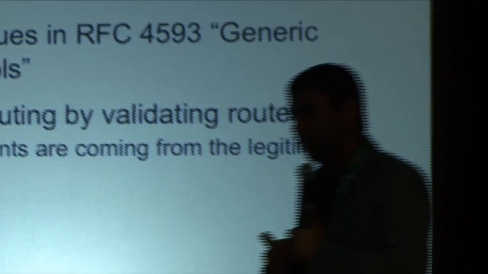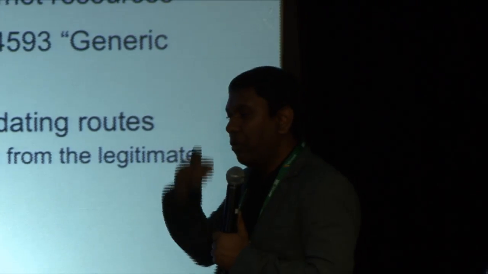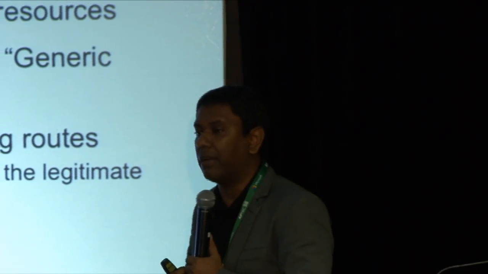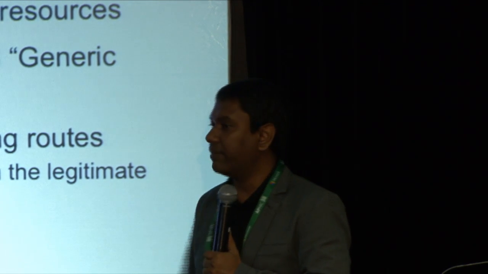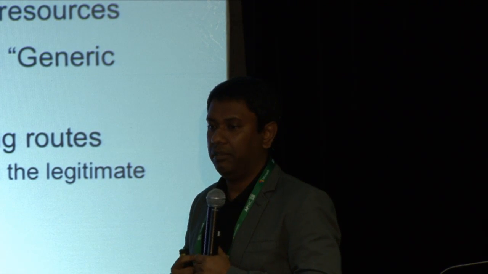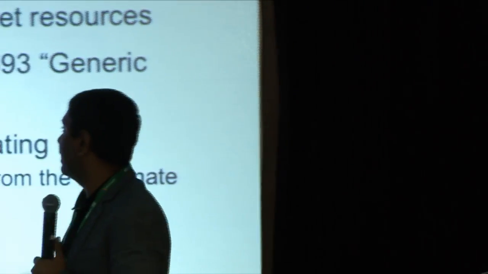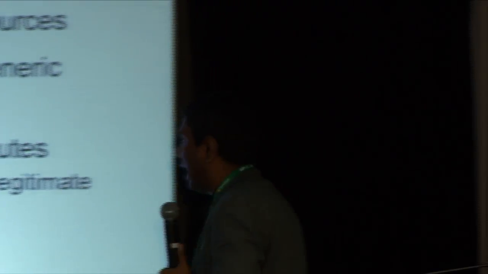So, when the industry developed the RPKI process, what are the concerns they have? What are the threats? What are the risks that we have in terms of prefix advertisement and prefix acceptance? All are drafted in RFC 4593.